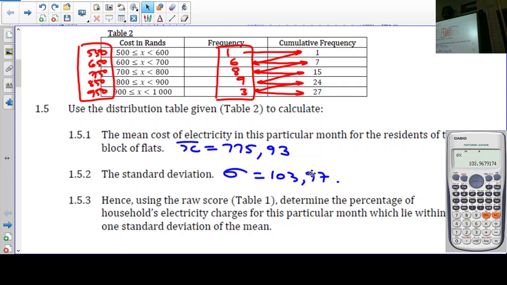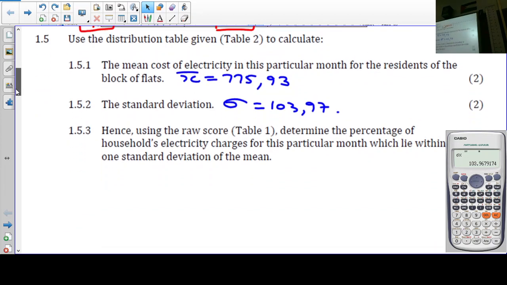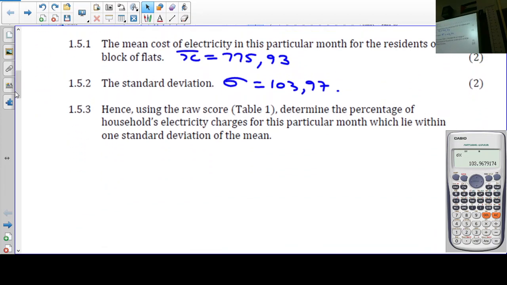So in question 5.3, we are now told "hence", so you must use the previous calculation. Hence, using the raw data, which is table 1, determine the percentage of households' electricity charges for this particular month which lies within one standard deviation of the mean.